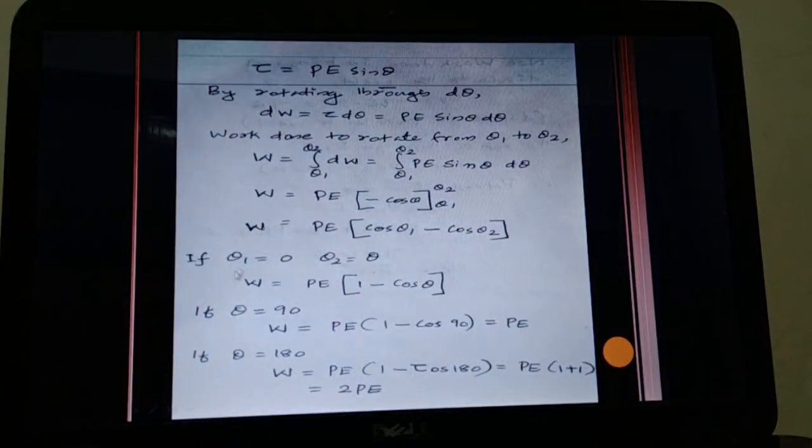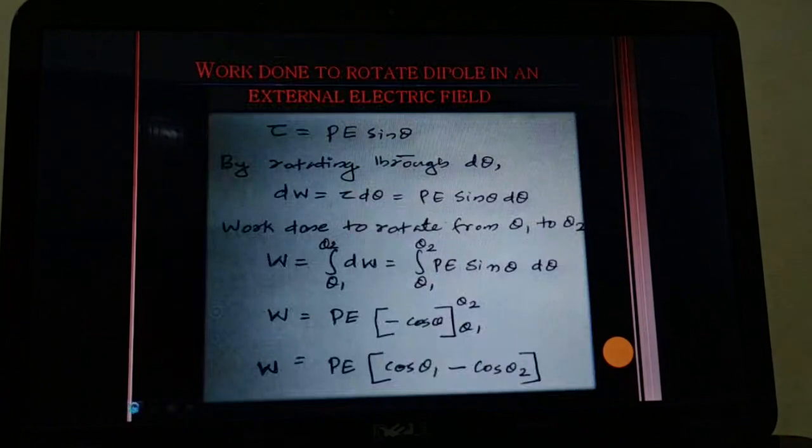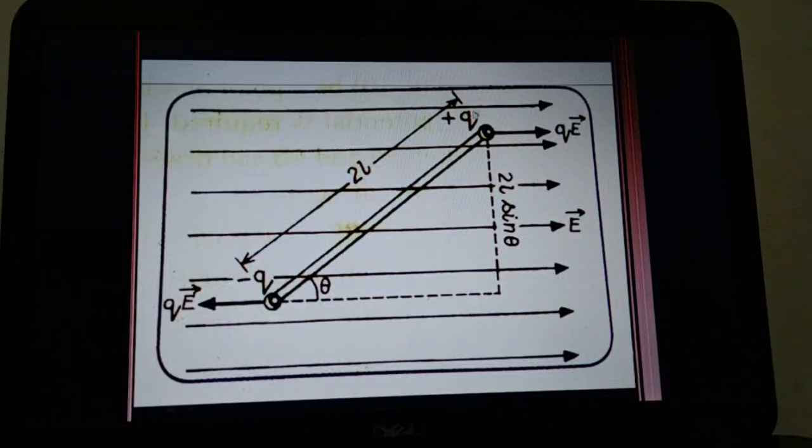Now you see, if theta 1 is equal to 0, what is theta 1? Let me show you. It is the initial angle made by the dipole with the direction of the electric field. If theta is equal to 0, the dipole will align in the direction of the electric field. That means the dipole will be parallel to the electric field when theta 1 is equal to 0.